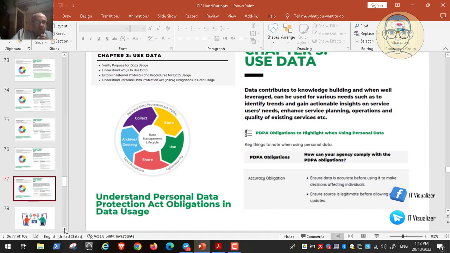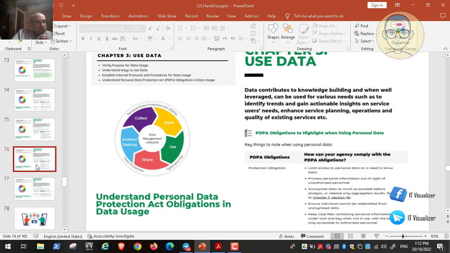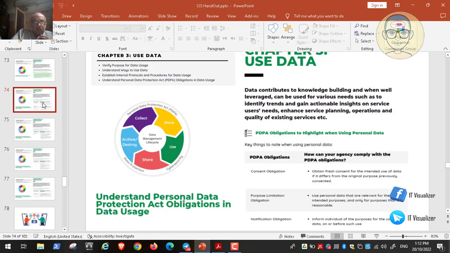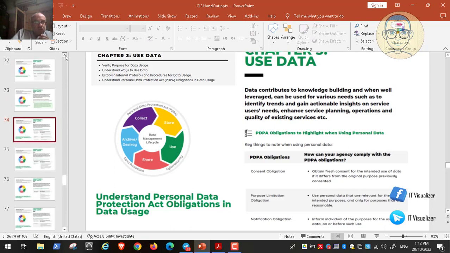So there are a lot of things to consider when using personal data: accuracy obligation, protection obligation, access and correction obligation, notification obligation, purpose limitation obligation, and consent obligation. These are the things we should consider when using the data.